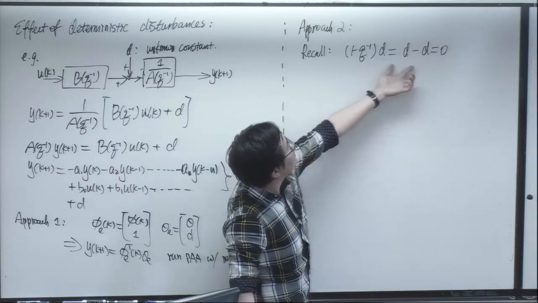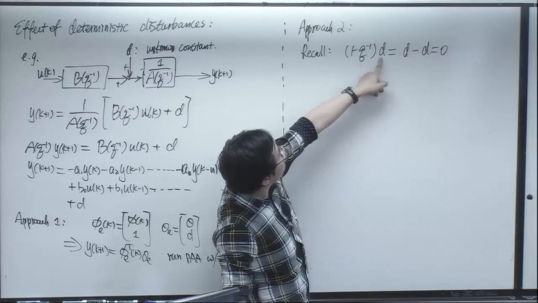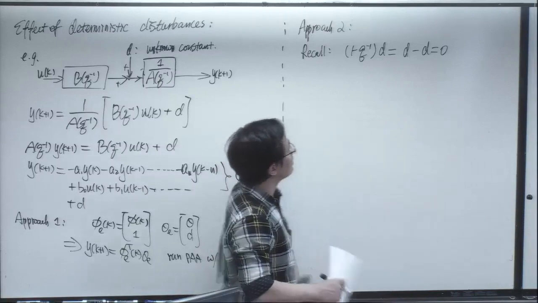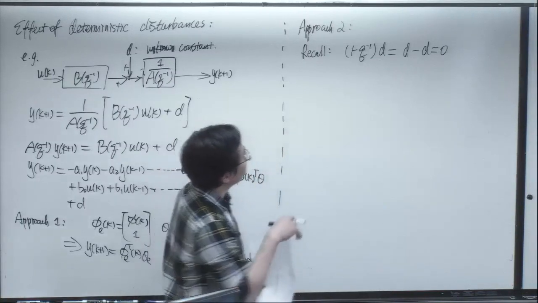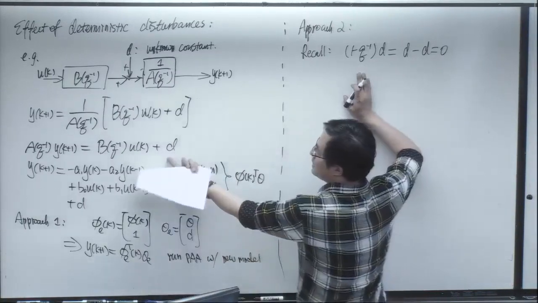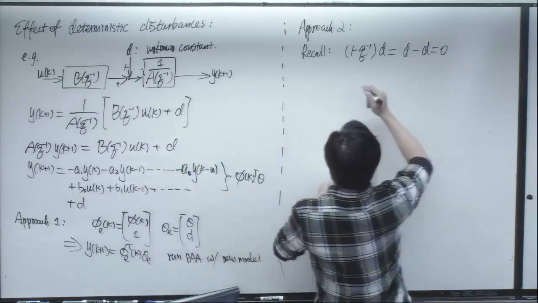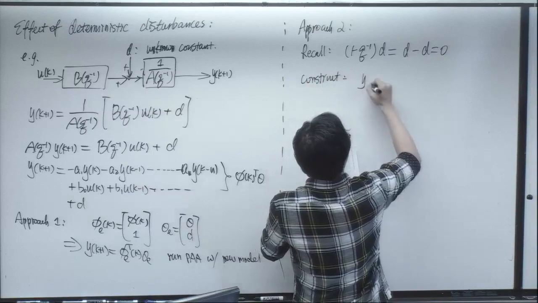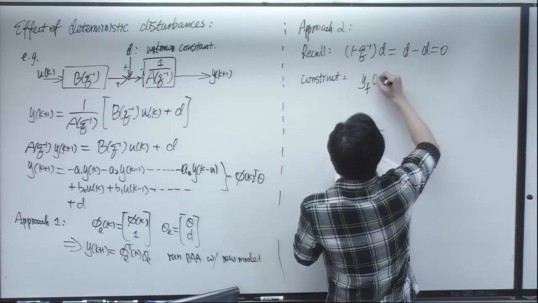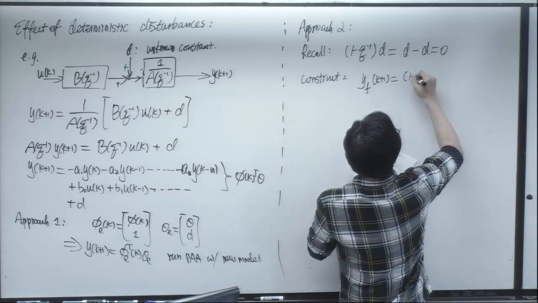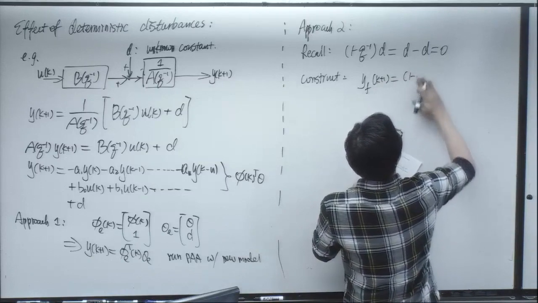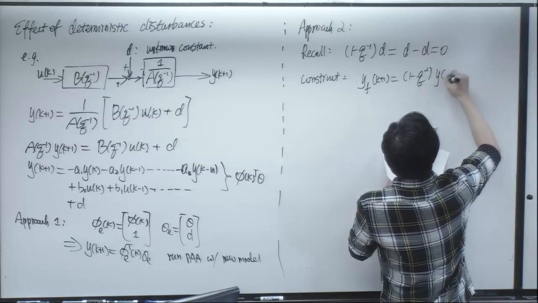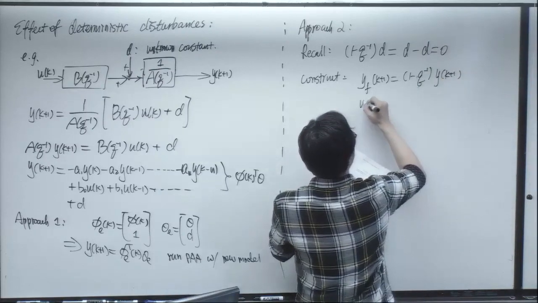So carrying out the operation, you will see one operator on d is d. One step delay of a constant is the same thing, so it's 0. If you see that, then you can construct a filtered output, let's say YF, and then UF.